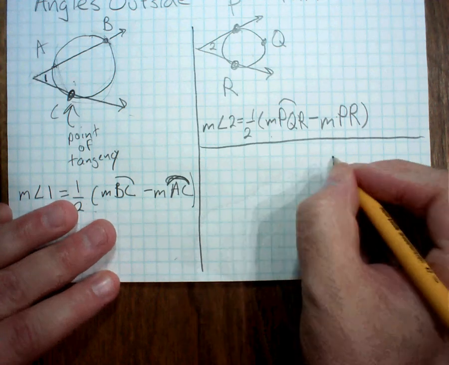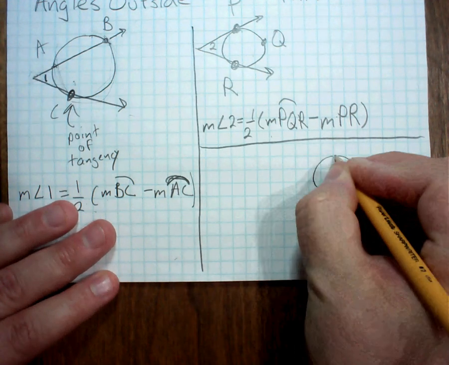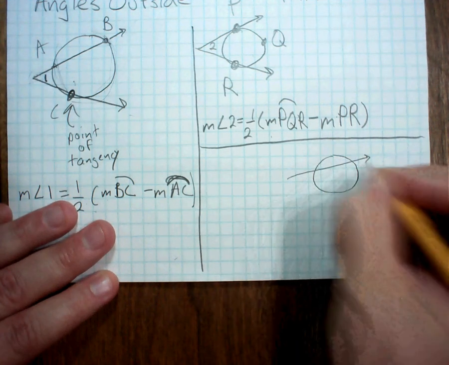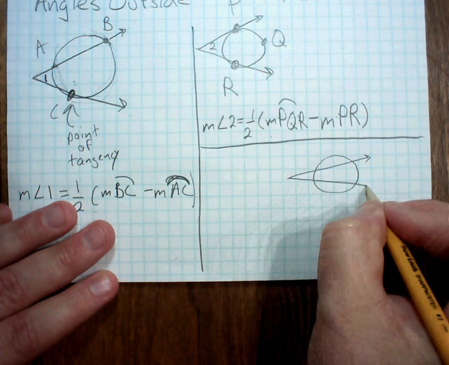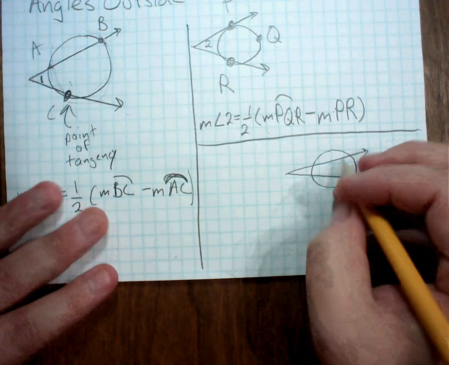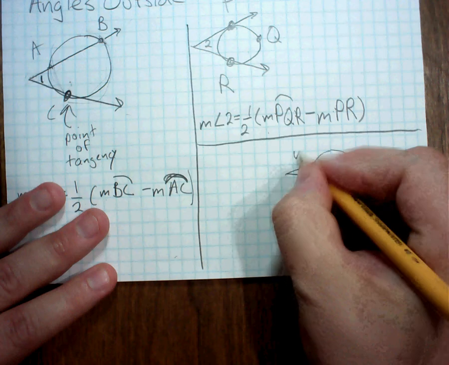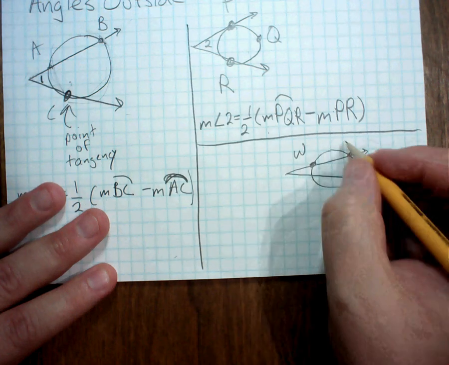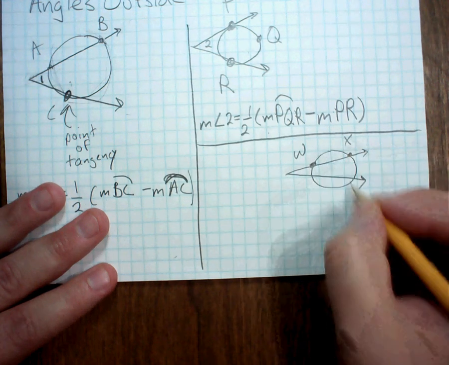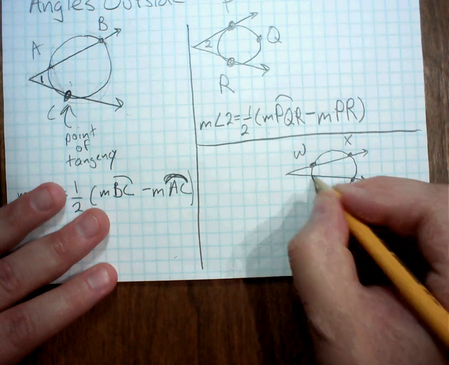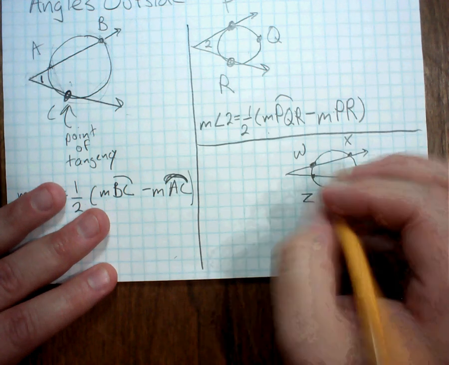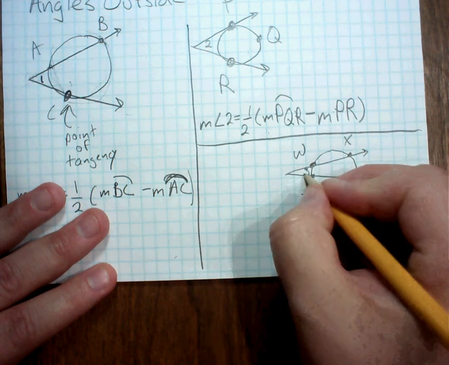You have a perfectly drawn circle, and you have an angle of 2 rays, and it intersects in 4 spots. So we'll call this W, we'll call this X, we'll call this Y, and we'll call this Z, and then we'll call this angle 3.